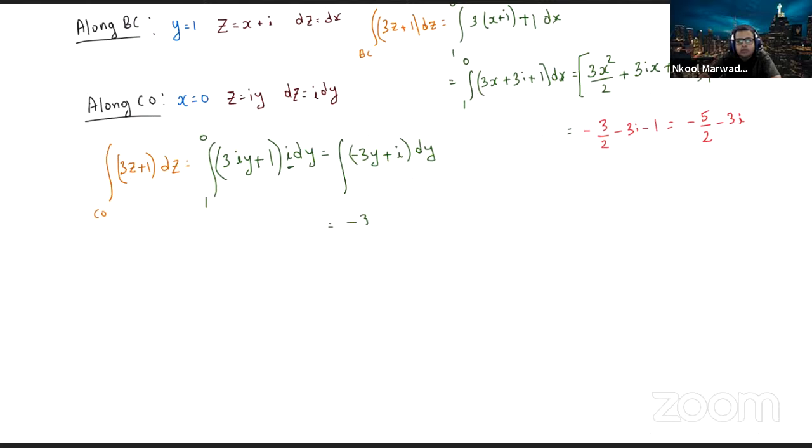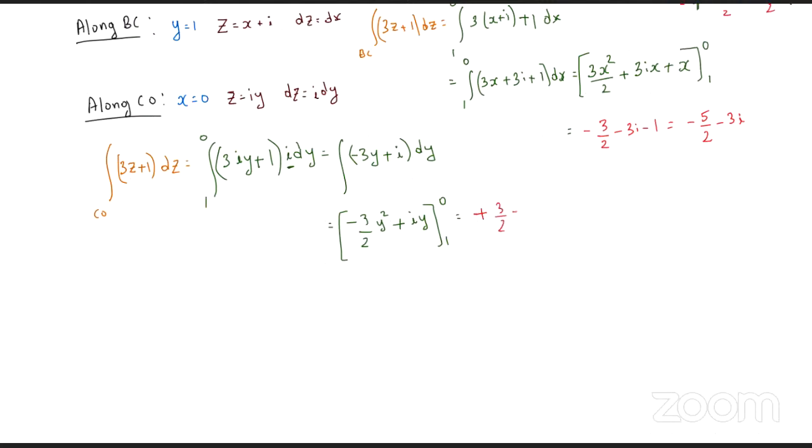Y squared by 2 plus iy, limit is 0 to 1. Now when we put it in, 0 minus, so minus minus will become plus 3 by 2 minus i.